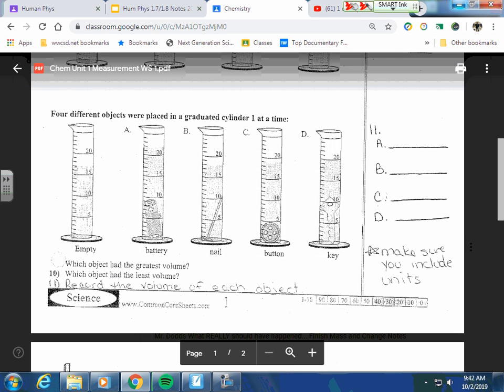They're not liquid, so we can't just put them in a graduated cylinder. I mean, we kind of can with this method here.